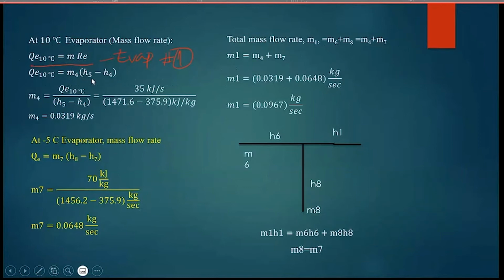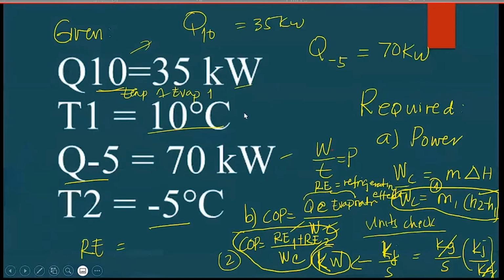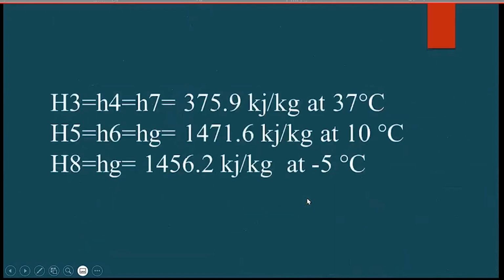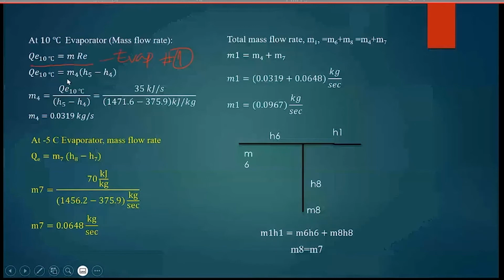What are the enthalpies involved? You can see here H5 and H4. Then the mass flow is M4. So the formula is M4 times H5 minus H4.